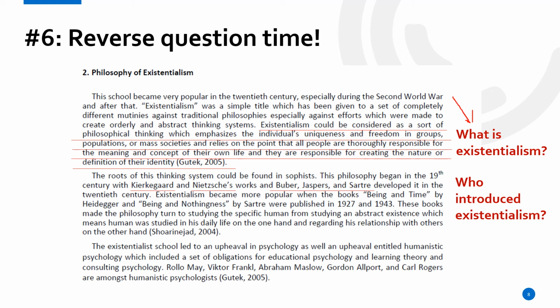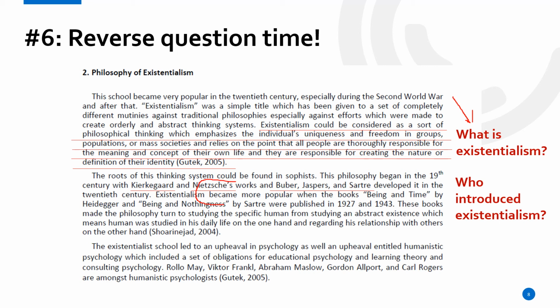Now, this section, there's another portion that is important. When you study philosophy, you have to find the names of those who initiate or who introduce that branch of philosophy. So in this case, ada 3 nama yang penting: Kierkegaard, Nietzsche.